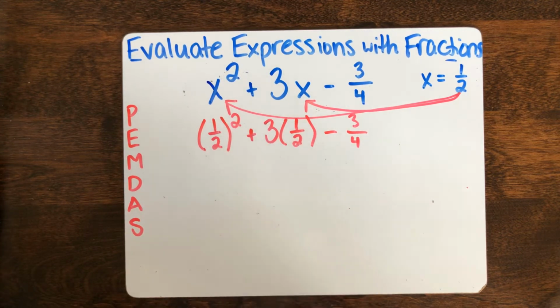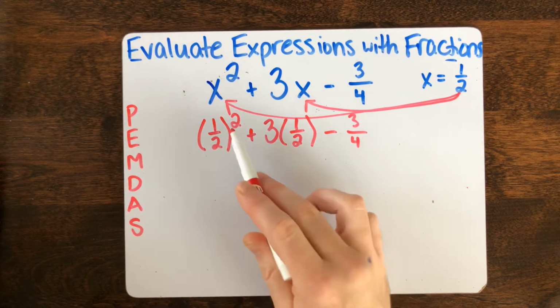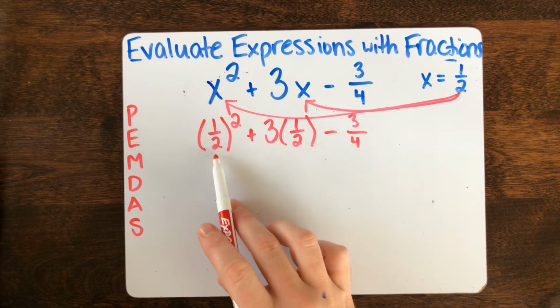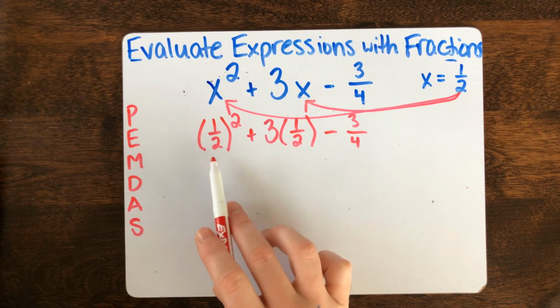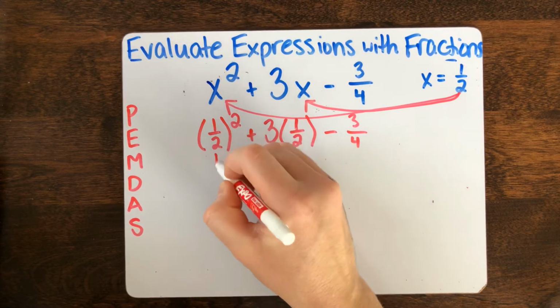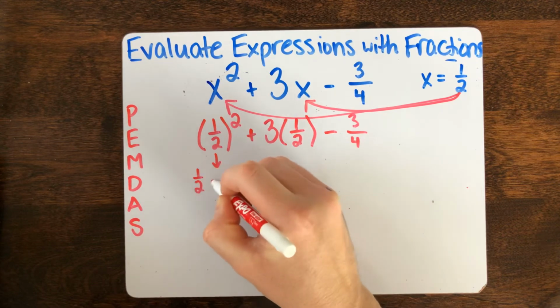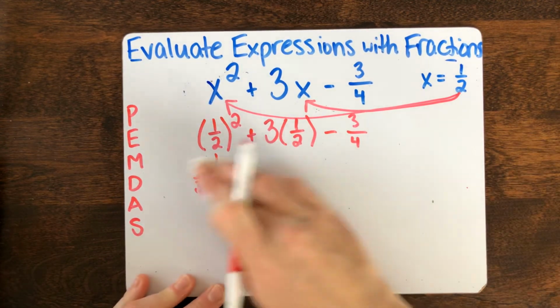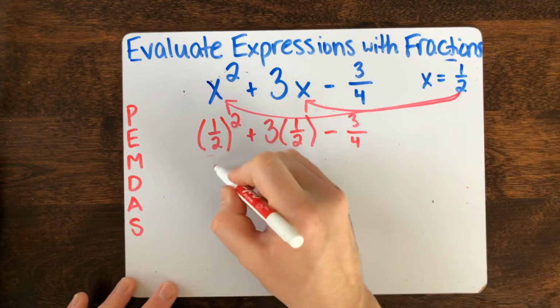A lot of people answered that it did. Remember, guys, when we're squaring something, it does not mean multiplying by 2. It means multiplying that base by itself 2 times. So basically, this is saying 1/2 times 1/2, which we know is 1/4.